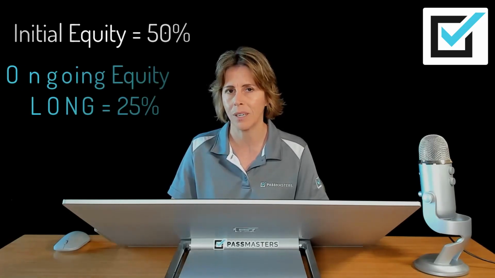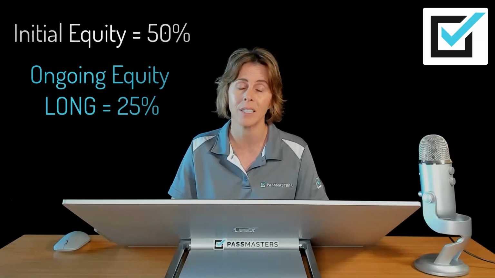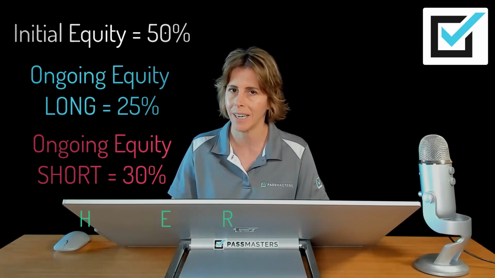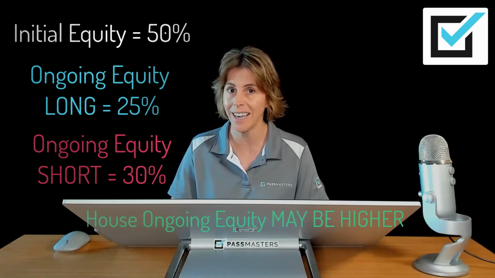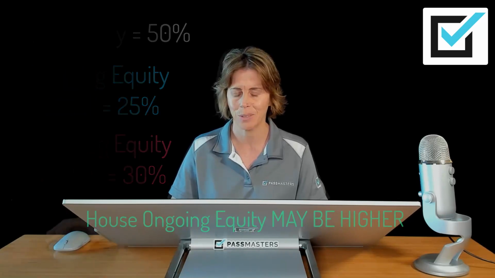So perfectly legal for the house requirements to be higher than 25% in a long or 30% in a short. So for the test, know those percentages. Initial equity, 50%. Ongoing equity for a long, 25%. For a short is 30%. Can a house requirement be higher? Yes. The test loves those.